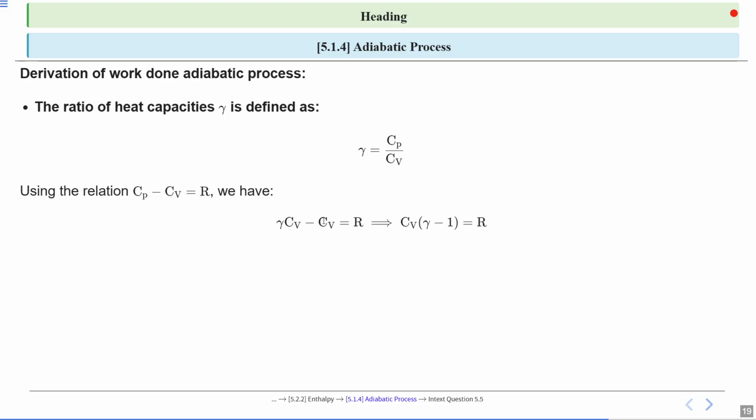Gamma Cv minus Cv is equal to R. Further, if you divide both sides by gamma minus 1, you will get Cv is equal to R by gamma minus 1.